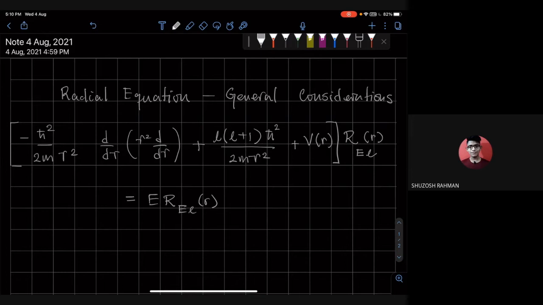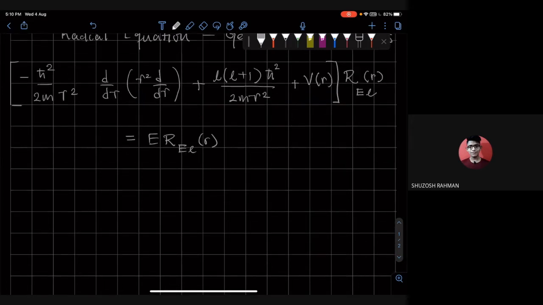No, sir. Okay, so let's massage the equation and put it into a more manageable form. Suppose we introduce a new dependent variable, which we call u_EL of r.